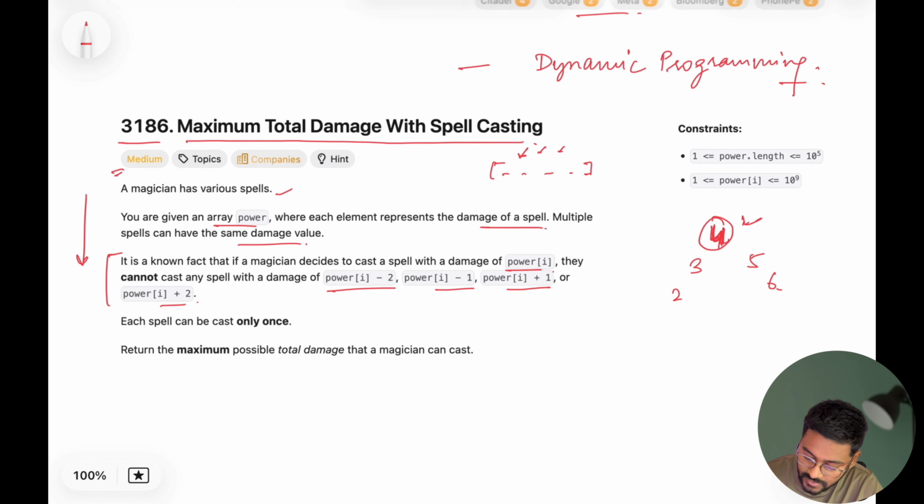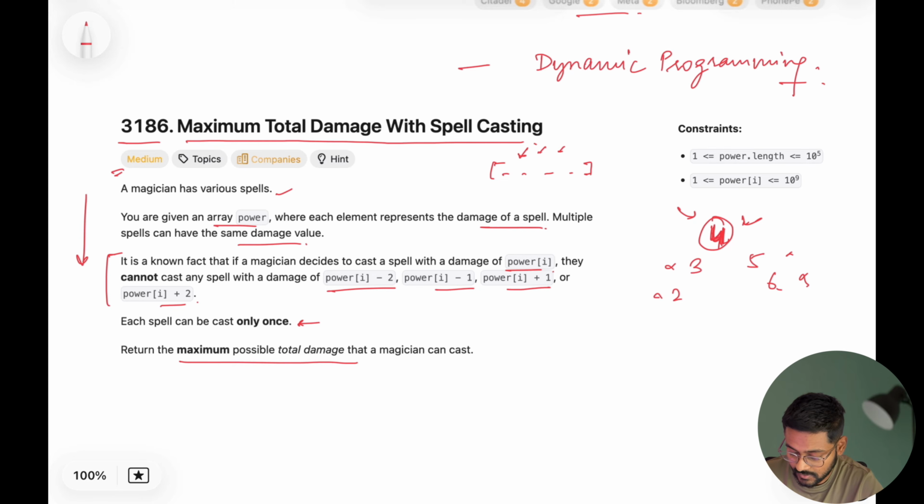Each spell can be cast only once. Return the maximum possible total damage the magician can cast.